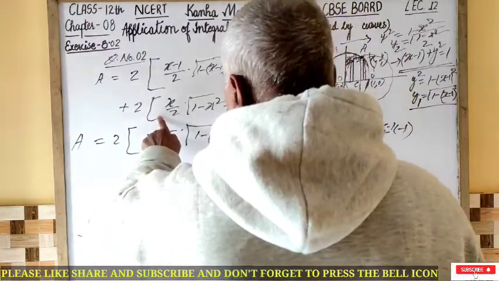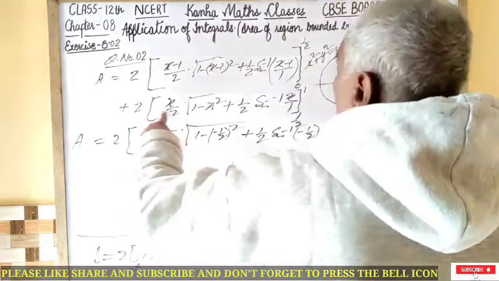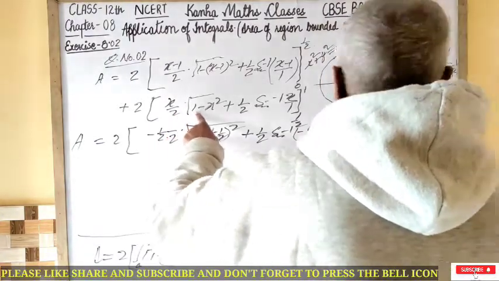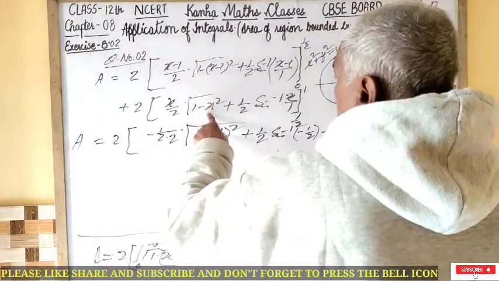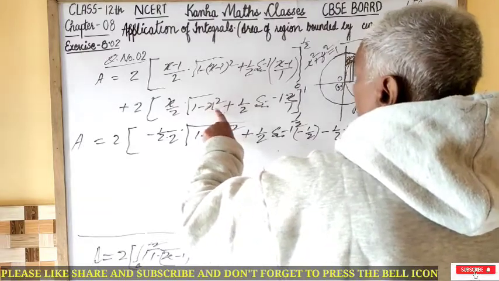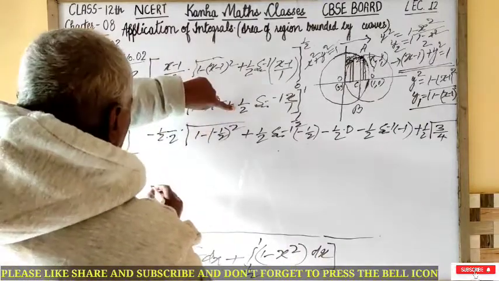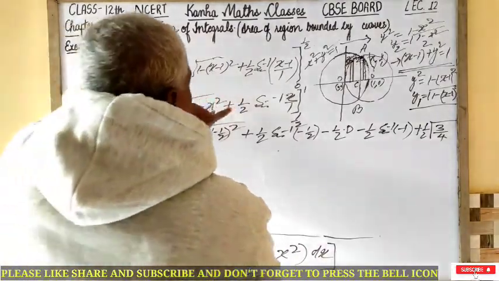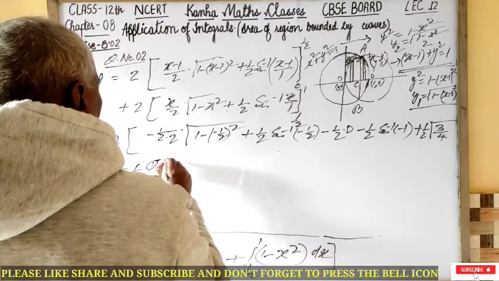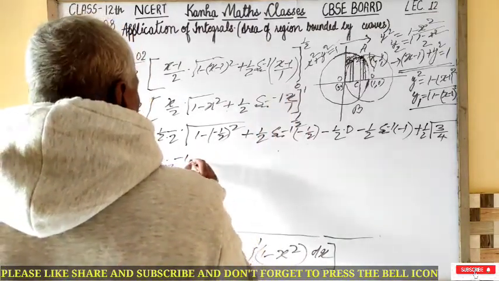And now come to this step, plus x by 2, x by 2 means 1/2, under root 1 minus 1/4 means root 3 by 4, plus 1/2 sine inverse x by 1, means 1 by 1, sine inverse 1.